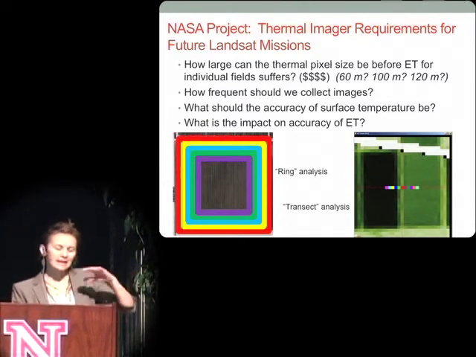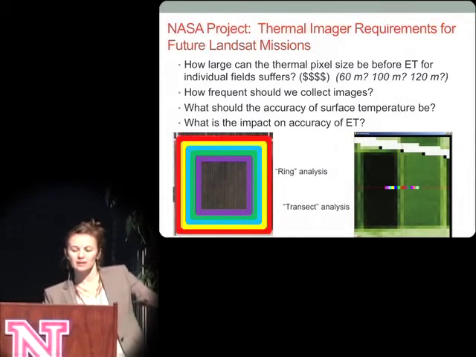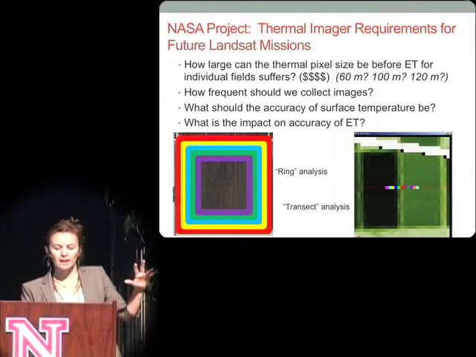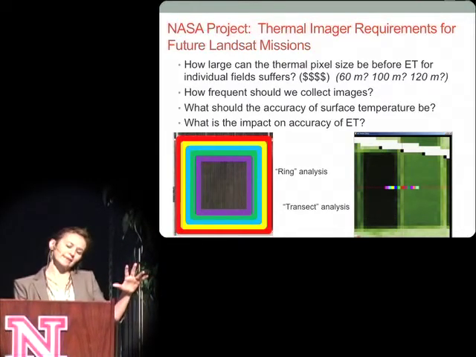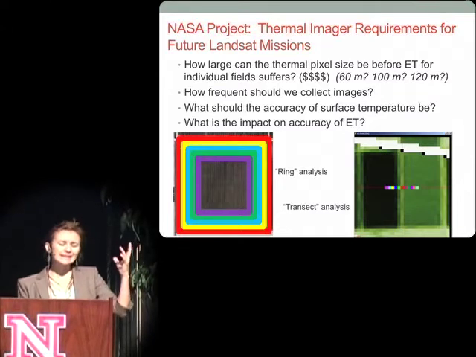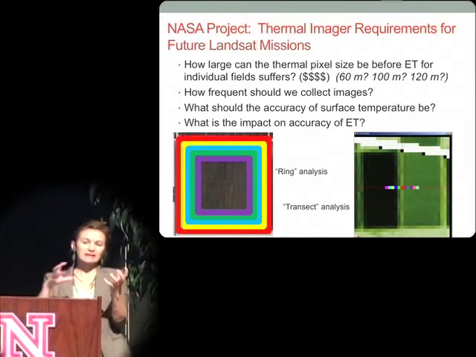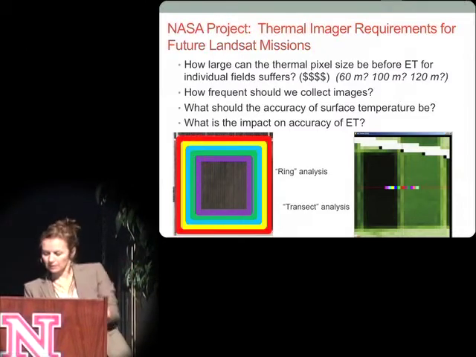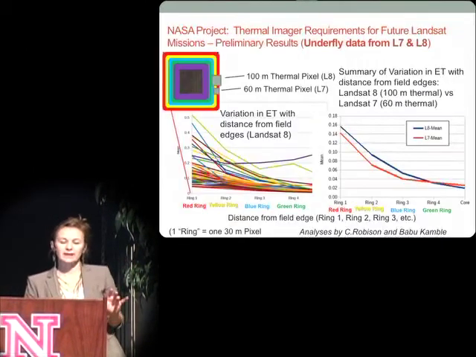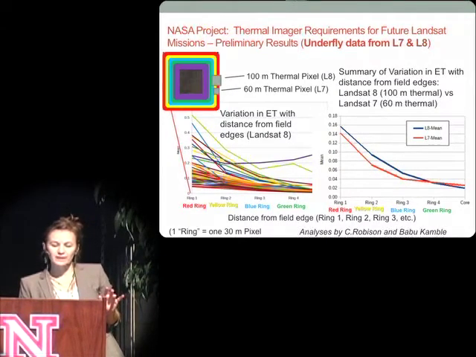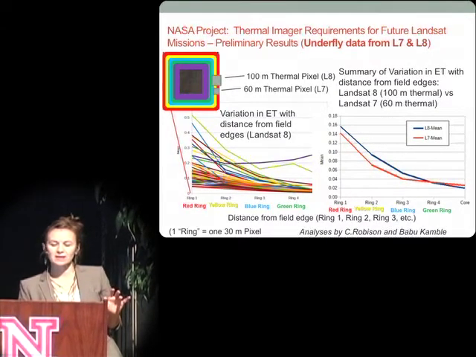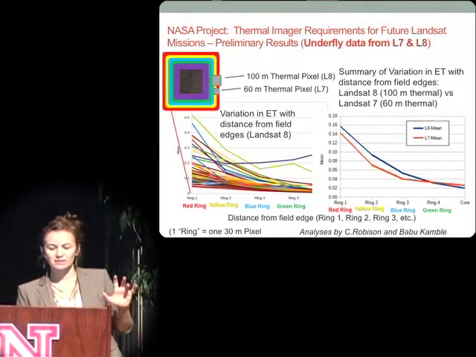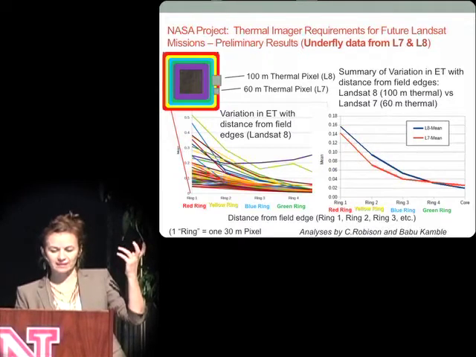So we really eliminated a lot of fields. We looked at these uniform fields and created transects and rings. Then we assume that you really see the contamination in the thermal band at the field edge. For instance, here is the pixel size for Landsat 8, 100 meter. Here's the pixel size for Landsat 7.